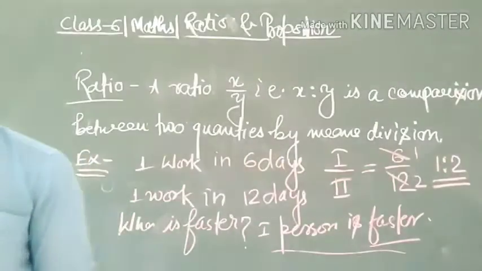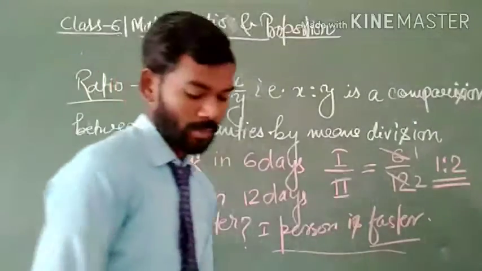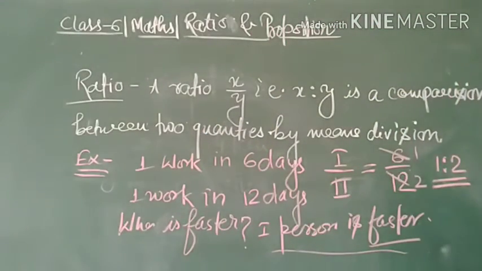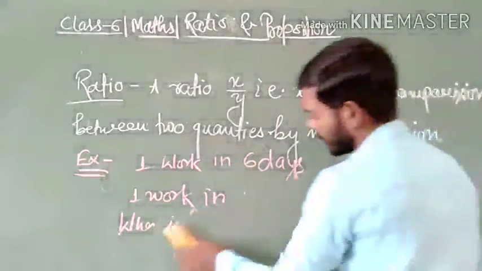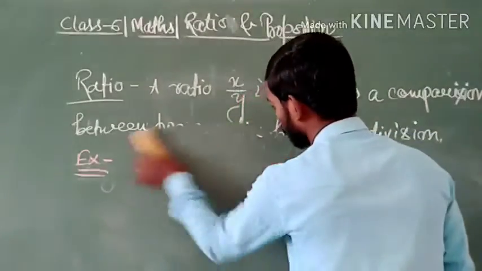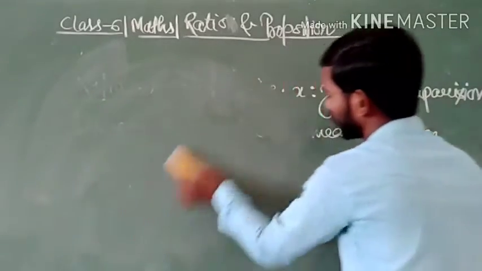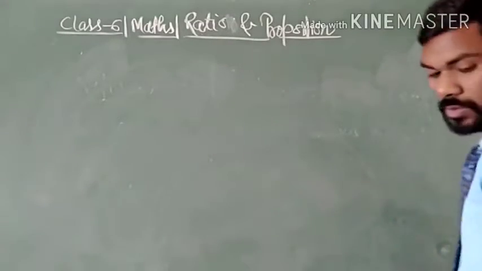Now let us see some types of ratio. As we know, a fraction can be of many kinds, but when we read about the ratio, we find that the ratio is of 2 types.